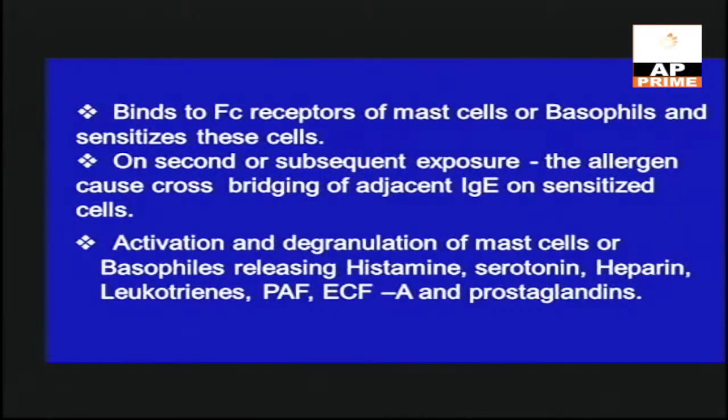So on second or subsequent exposure, the allergen causes the cross bridging of the adjacent IgE on sensitized cells, and this leads to activation and degranulation of the mast cells and basophils, releasing various types of chemicals like histamine, serotonin, heparin, leukotrienes, platelet activating factor and eosinophil chemotactic factor A and prostaglandins.